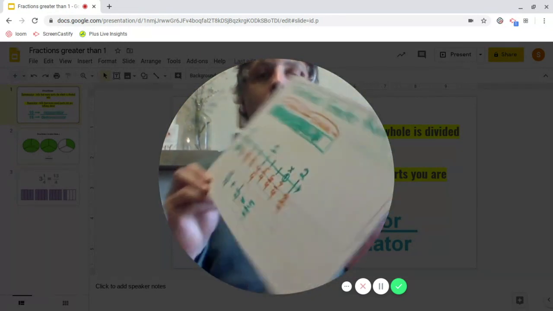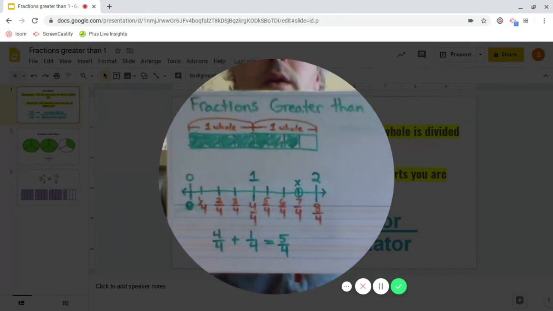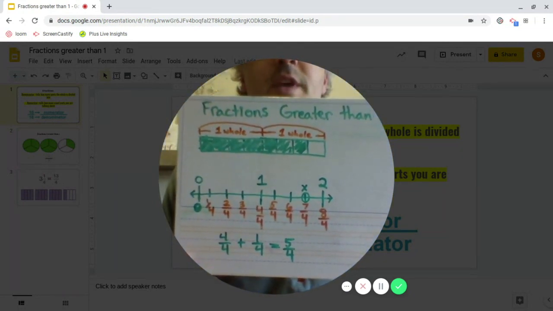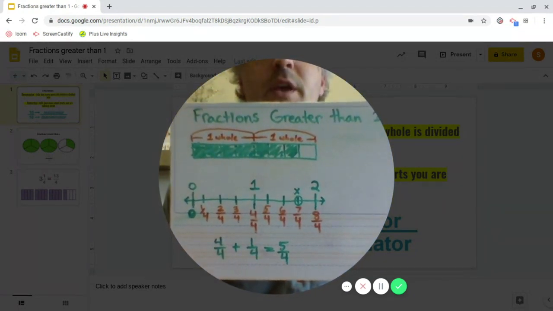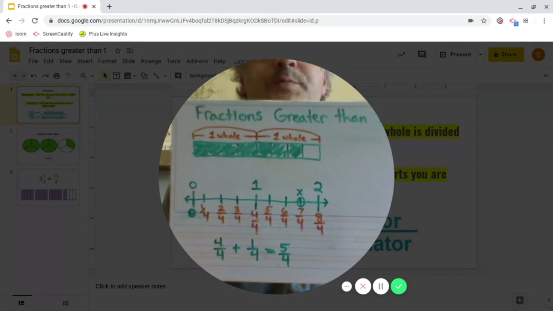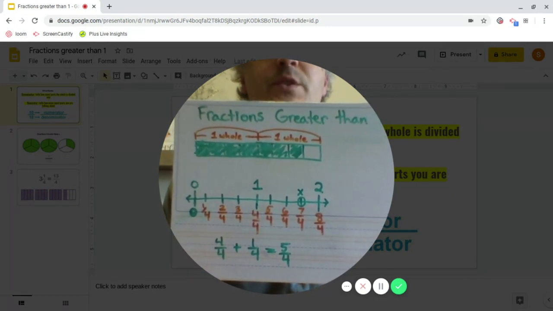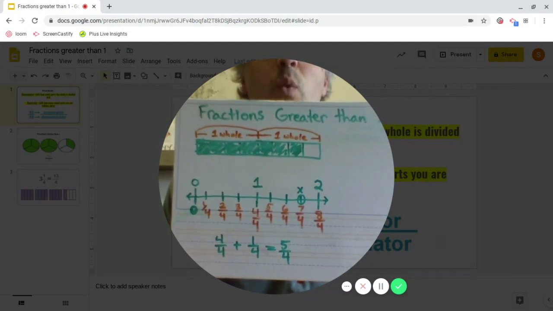In a minute I'm going to show you some slides with some other visuals as well to help you out. So these are fractions greater than 1.